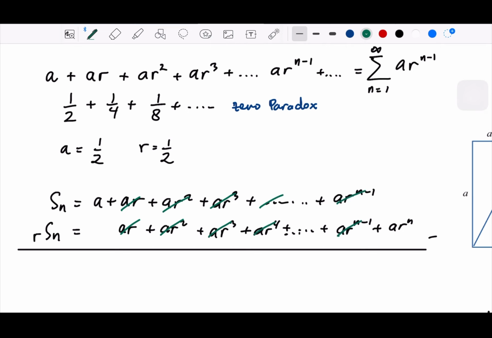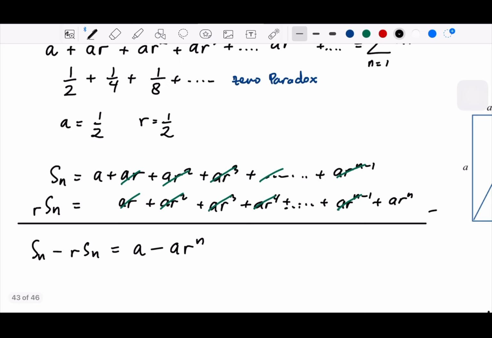Okay, and then we get Sn minus R times Sn is A minus AR to the power of n. And then we can solve for Sn. We could derive the formula: Sn is A times 1 minus R to the power of n, over 1 minus R.